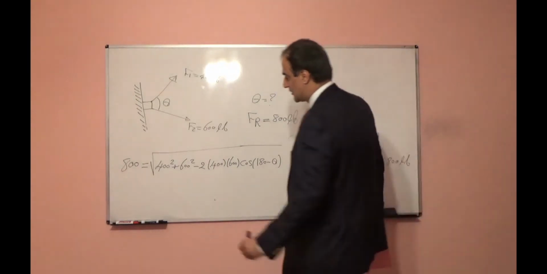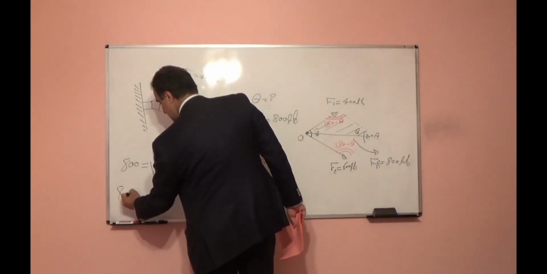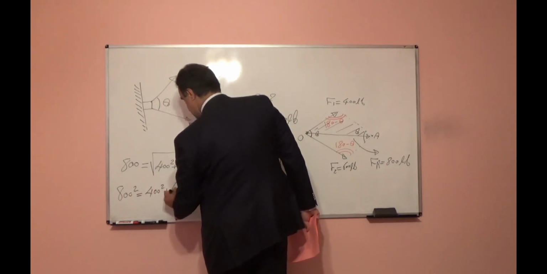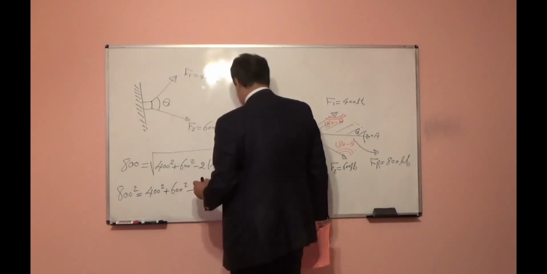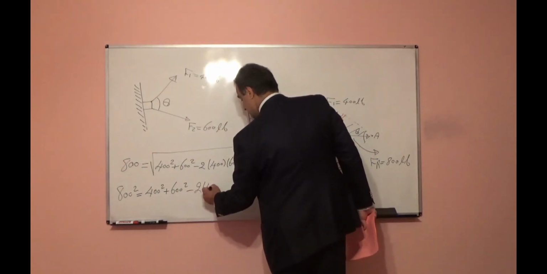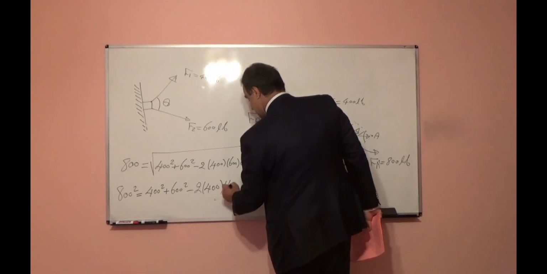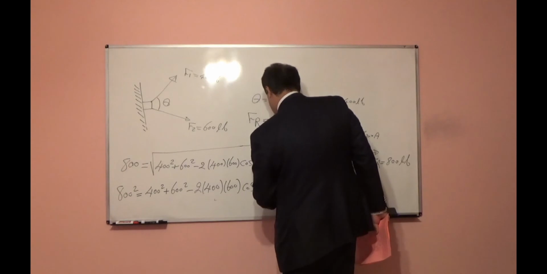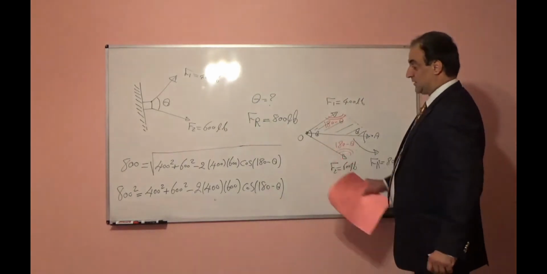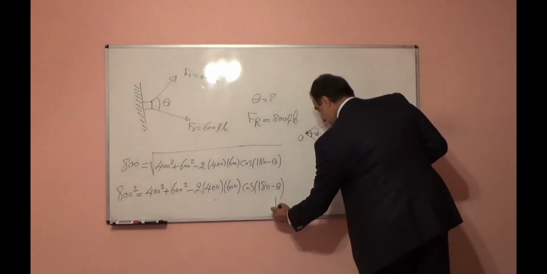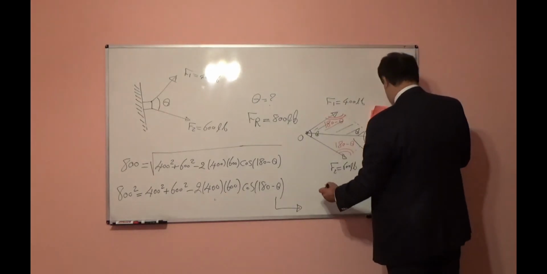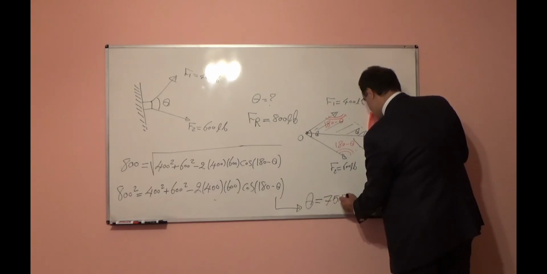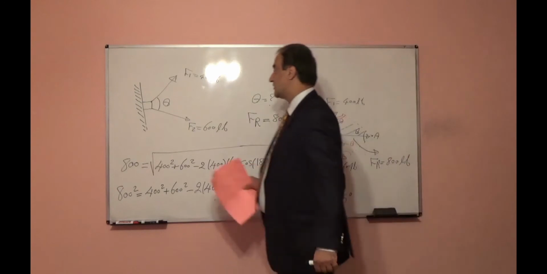From here I can write 800 squared is equal to 400 squared plus 600 squared minus 2 times 400 times 600 times cosine of 180 minus theta. Now we can find theta. If you calculate theta from here, you will find theta is equal to 75.5 degrees.